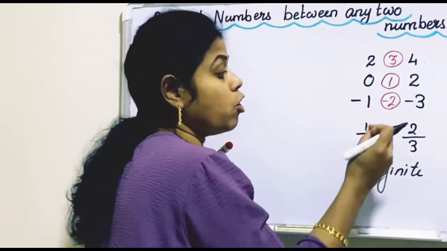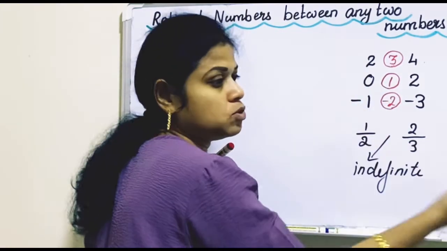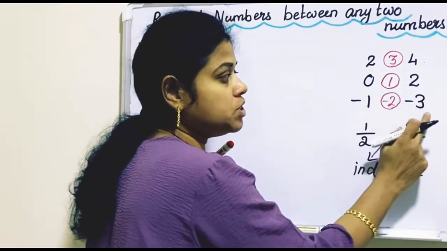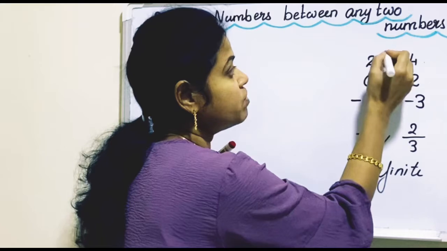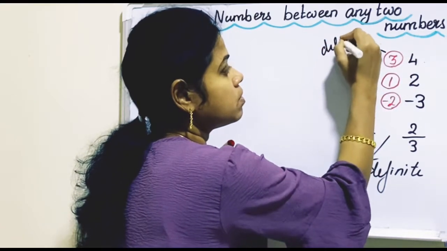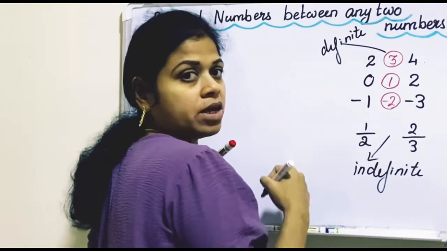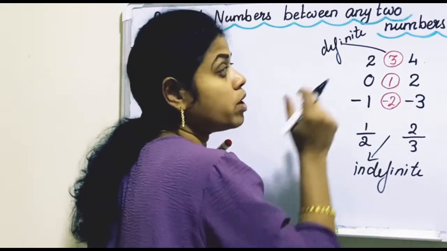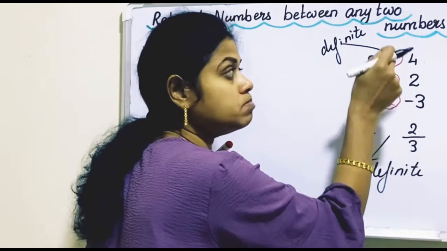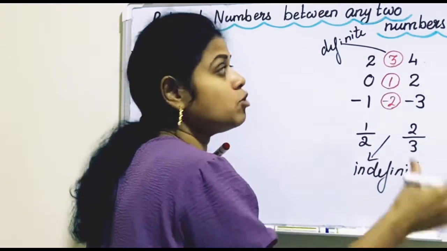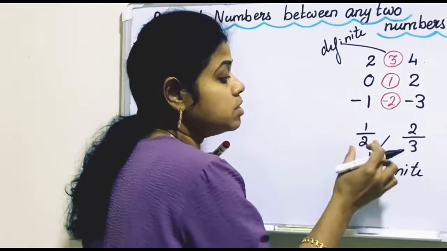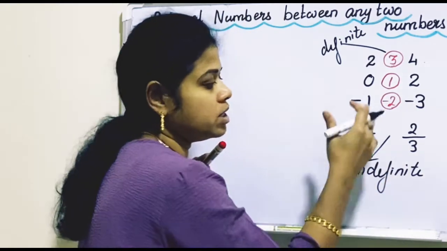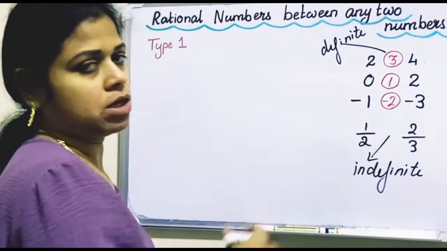We can't define how many numbers lie between two rational numbers. Whereas between two integers, there are only definite integers in between, definite whole numbers in between. You can define how many numbers are in between these two numbers, but between rational numbers, you can't define it.